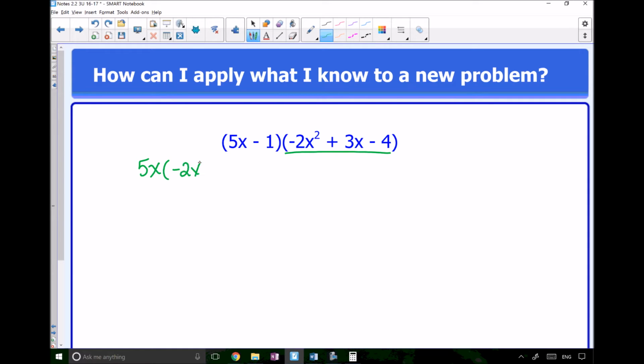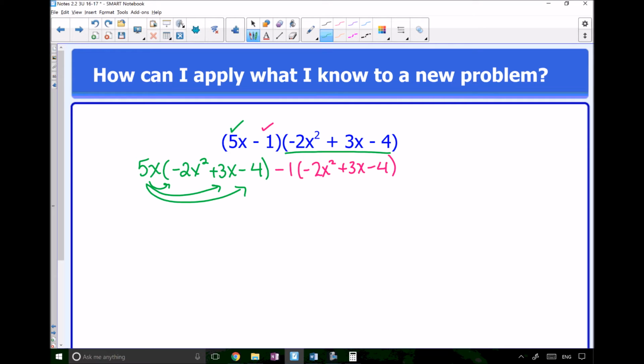So times negative 2x squared plus 3x minus 4. Then once I do that to the 5x, I also have to do it to the negative 1. So minus 1 times negative 2x squared plus 3x minus 4. Now all I have to do is do my actual distributing, and then I will collect like terms and I'll be good to go.